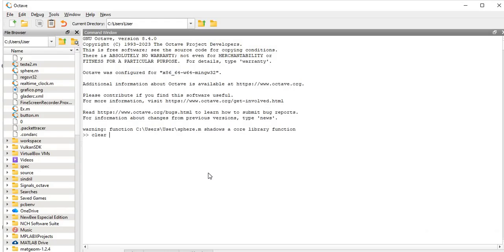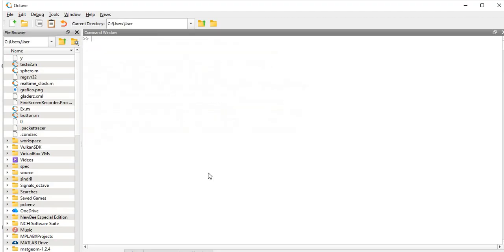I will clean the Octave memory, clean the command window, pkg load symbolic, syms A1, A2, 1 and 2.